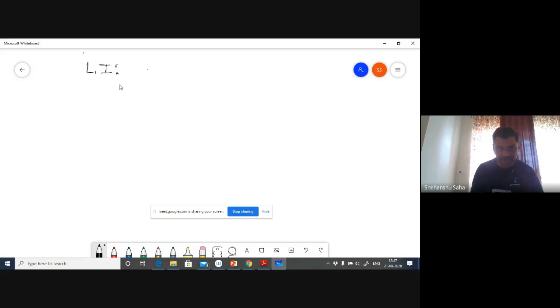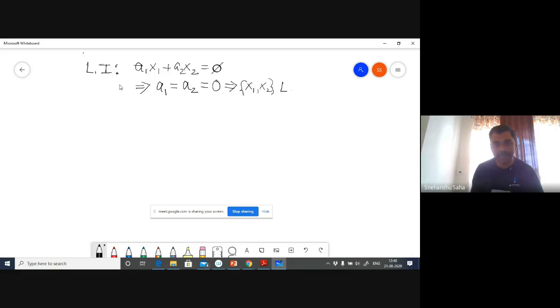So if I have a1 x1 plus a2 x2 equal to the 0 vector, and if this equation being true implies that the scalars a1 and a2 are identically 0, then I can say that x1 and x2 is a linearly independent set.